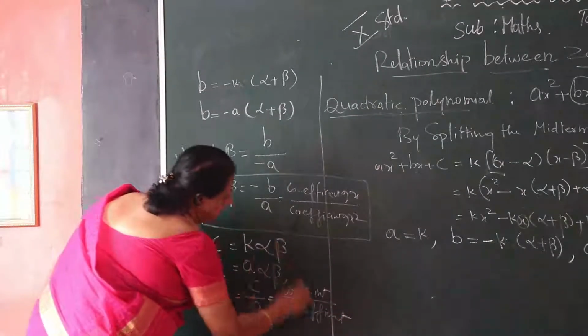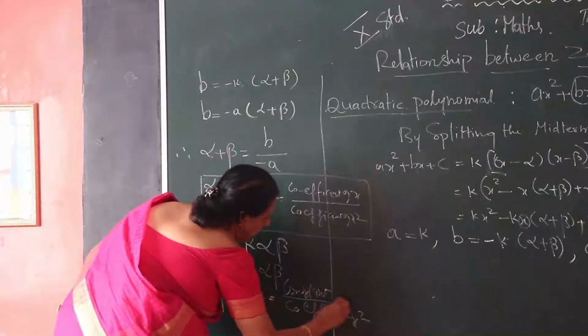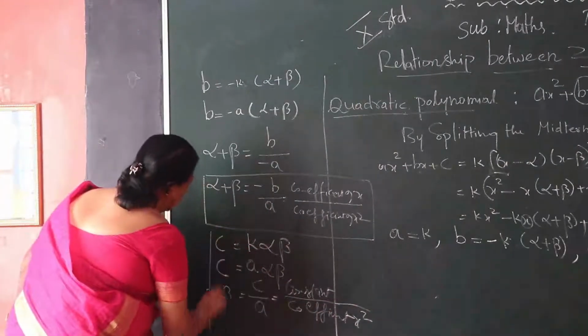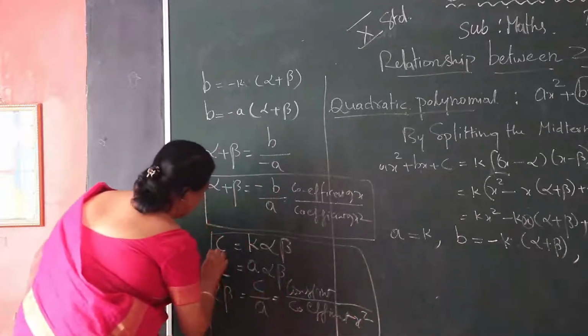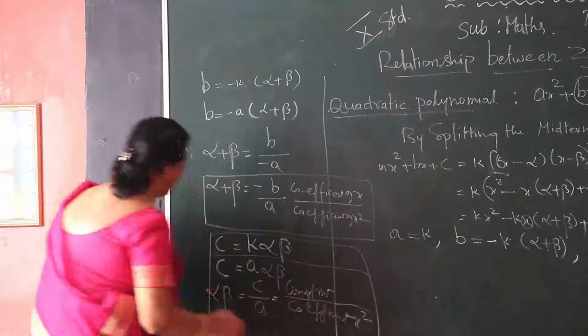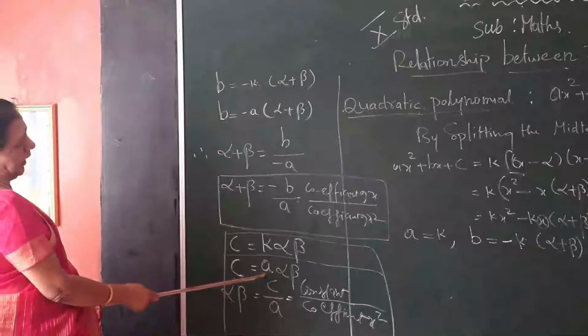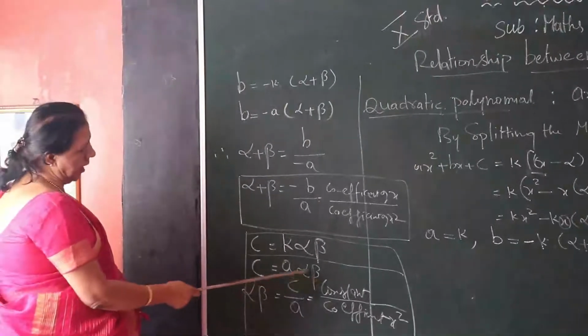What is A? Coefficient of x square. So this is another derivation. See here, C is equal to A alpha beta.